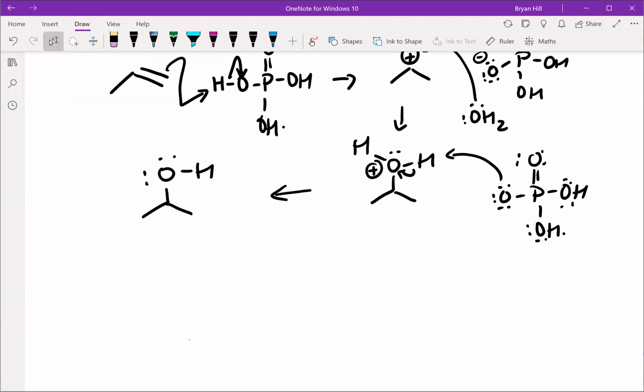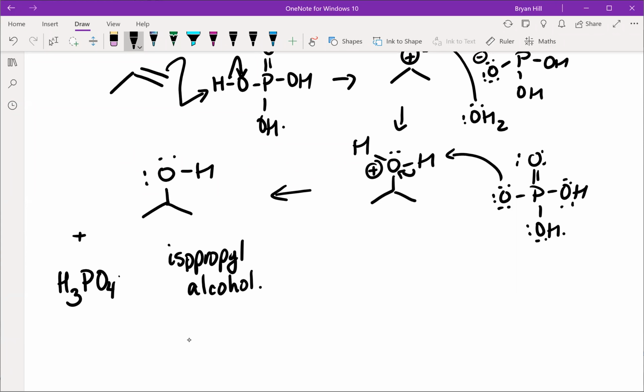And voila, we have made isopropyl alcohol.